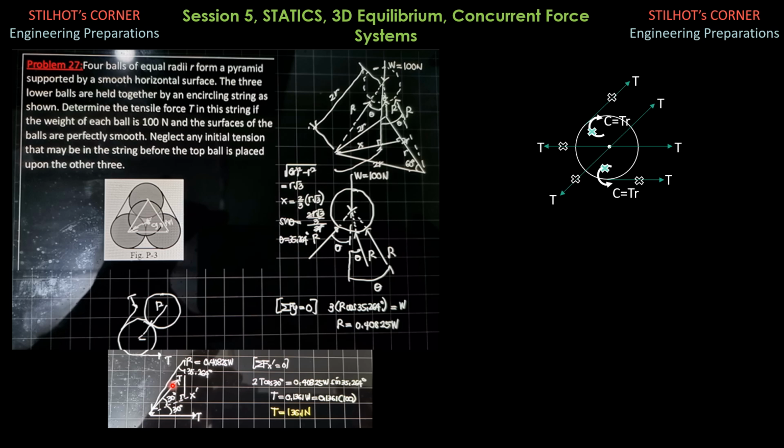So we have summation of forces along x prime equals 0. There are two tensions, and the component of each tension is T cosine 30 degrees, and times 2 equals the x prime component of R, which is in the opposite direction, and opposite of 35.264, therefore it is R, which is 0.40825 W, hypotenuse, times sine of 35.264.